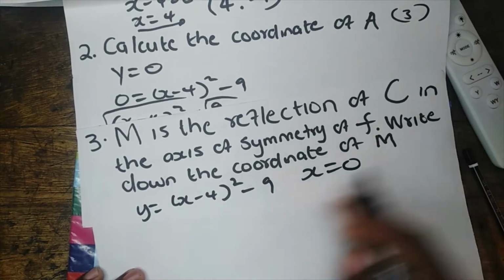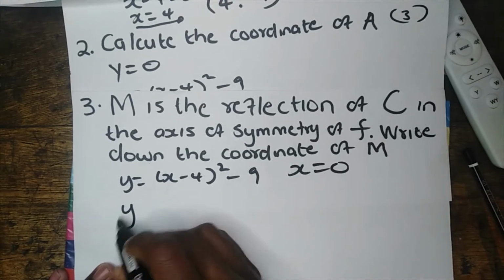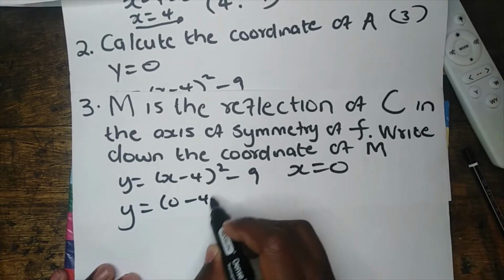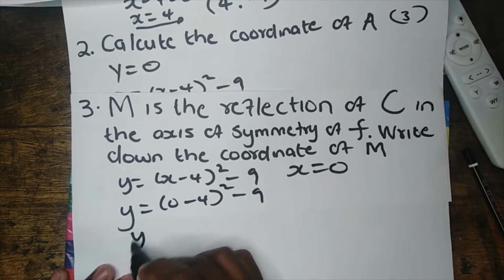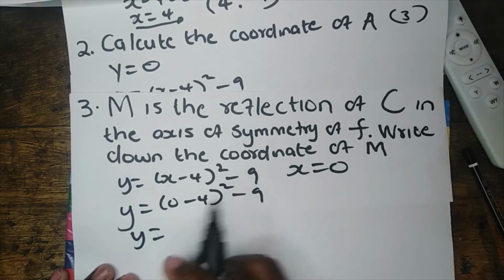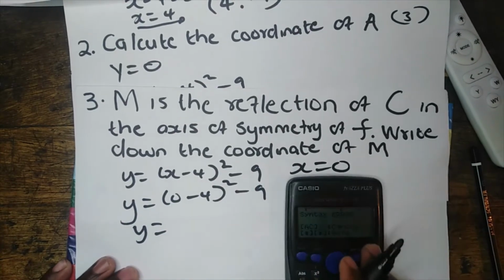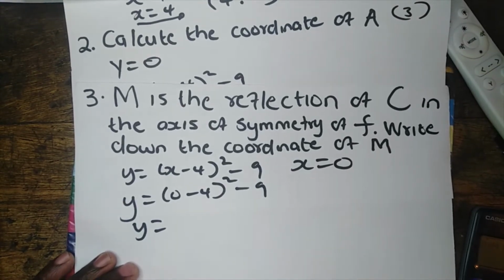So y equals (0 minus 4) squared minus 9. 4 squared is 16, 16 minus 9 is 7.